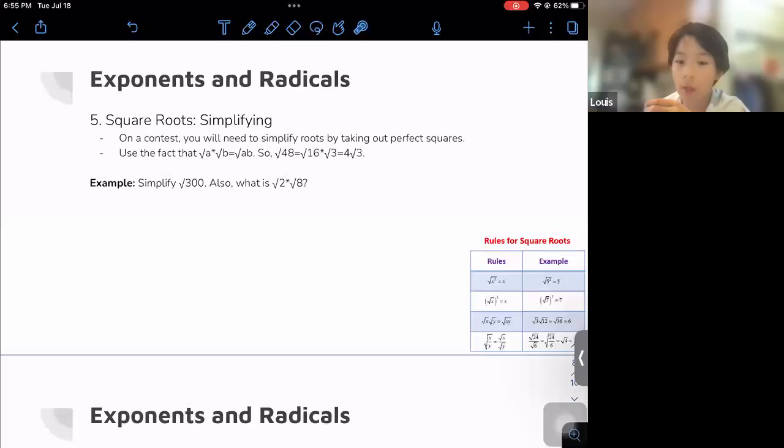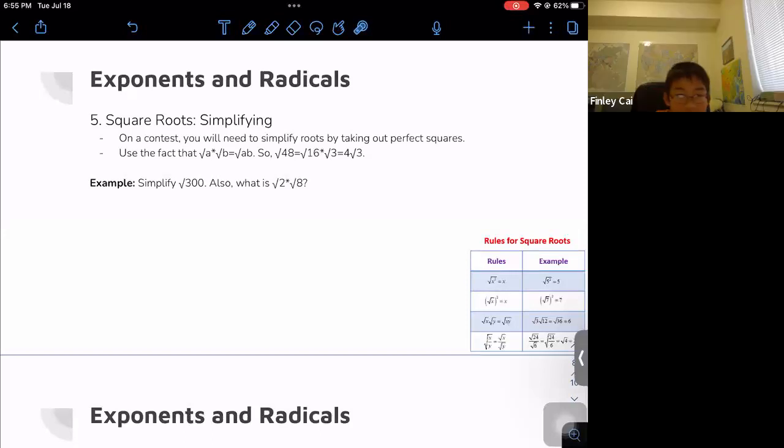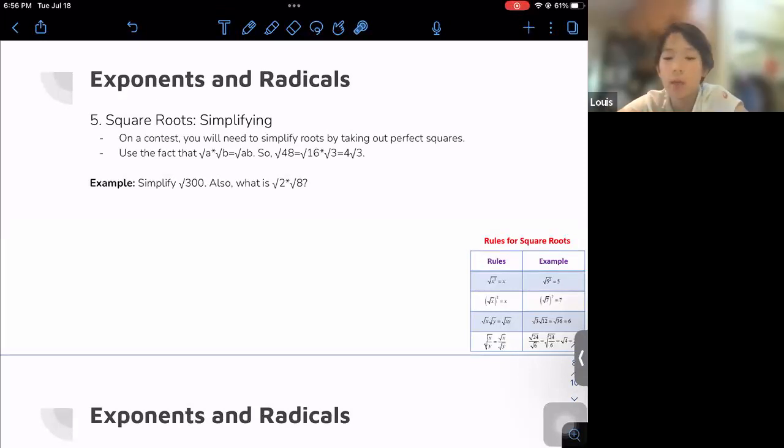What do you say, Finley? I said square root 300 equals square root 100 times 3, which is equal to 10 times square root 3. And for the second one, square root 2 times square root 8 equals square root 16, which is 4. Is it just me, or can everyone not hear Finley?